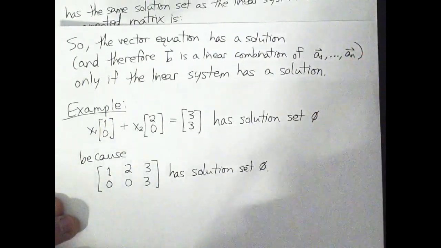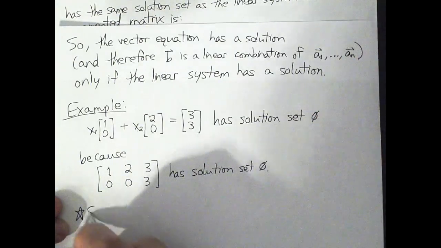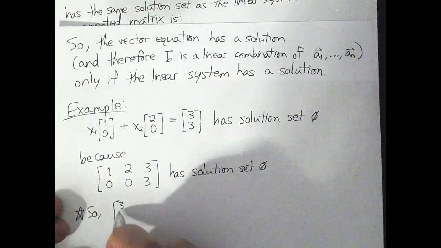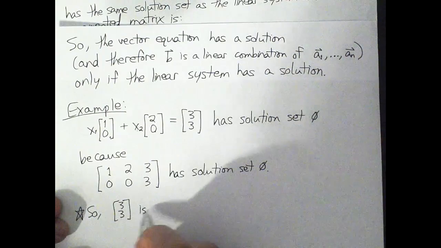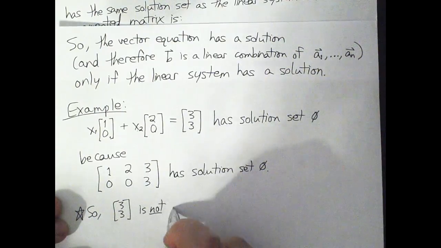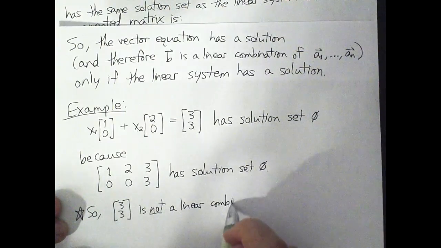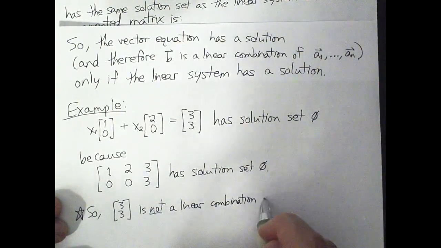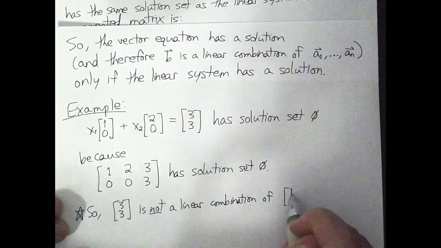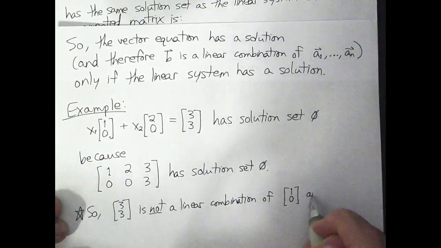So going with that fact up above, the vector 3, 3 is not a linear combination of 1, 0 and 2, 0.